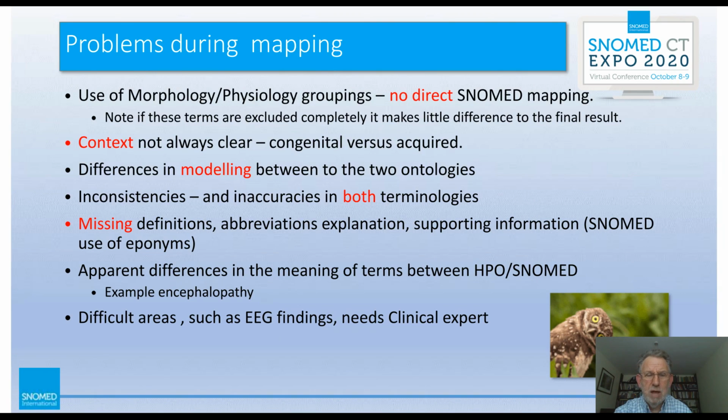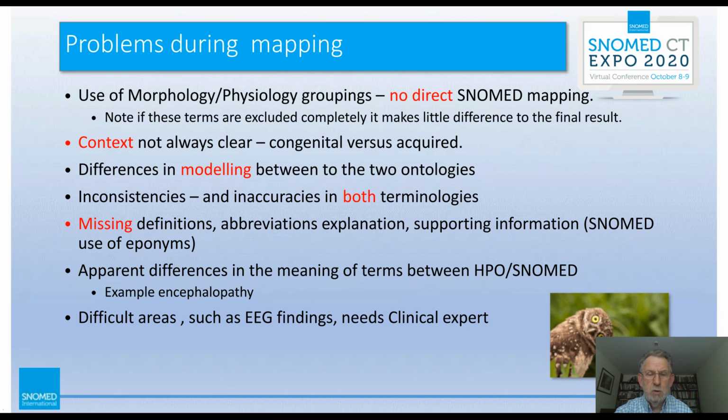So problems during mapping. First one we've already alluded to, that's the use of morphology and physiology groupings that have no direct corollary within SNOMED. But actually, if these terms were excluded, which is probably a valid thing to do, it doesn't make any difference in percentage terms.